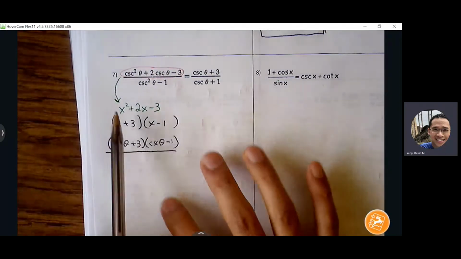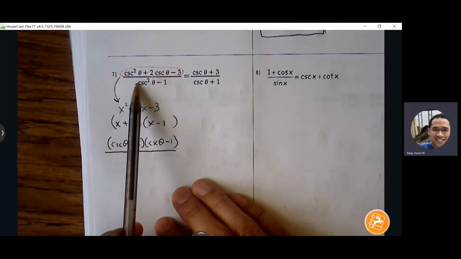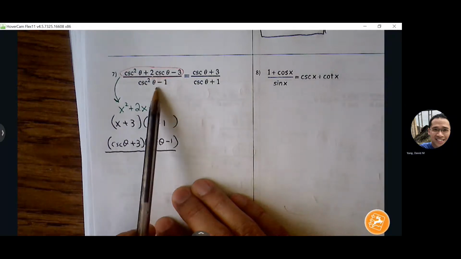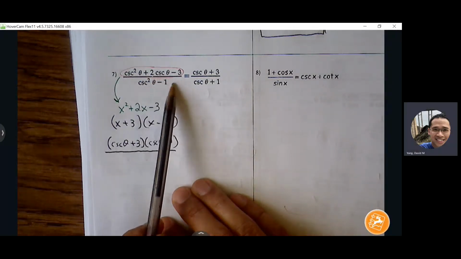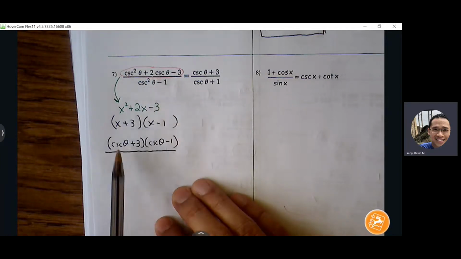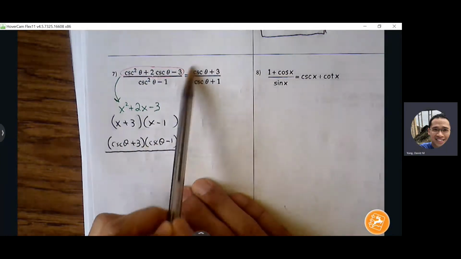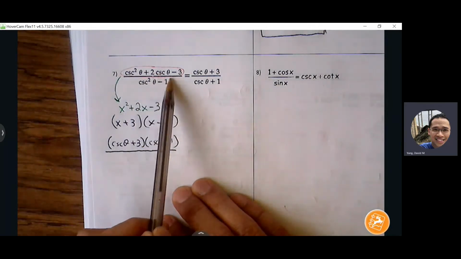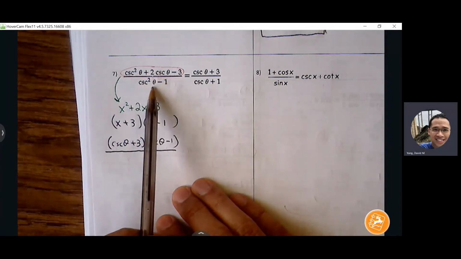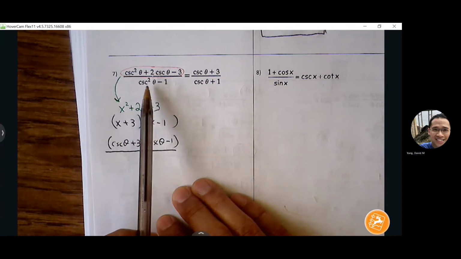And I'm looking for an opportunity to do some cleanup here. Cosecant squared theta minus 1. I know that there's an identity here, but I'm not going to use the identity because I want everything in terms of cosecant. So what's another thing that we can do besides an identity? We can factor this, right? This is a difference of squares.